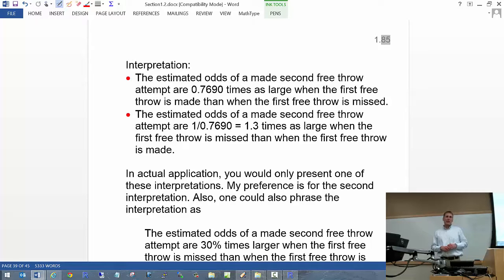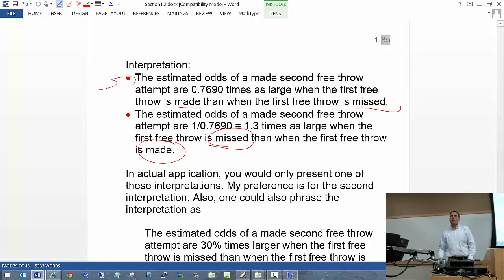I think sometimes with odds ratios and relative risks, it's often easier to say the interpretation if the value that you're interpreting is above 1. At least that's my opinion. My co-author kind of disagreed with me, so we do both of them. The estimated odds of a made second free throw then are 1.3 times as large when the first free throw is missed than when the first free throw is made. So compare that to the first bullet where I had made than missed.